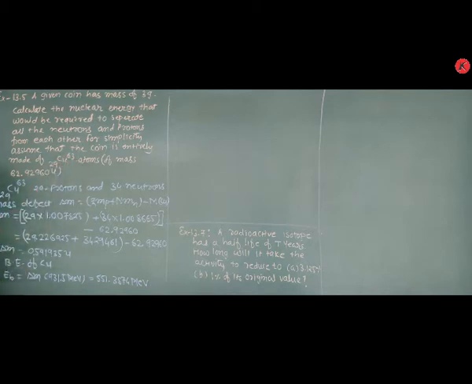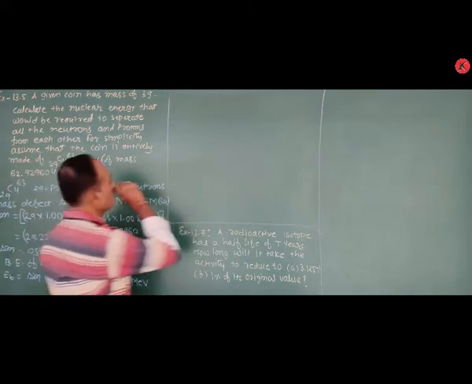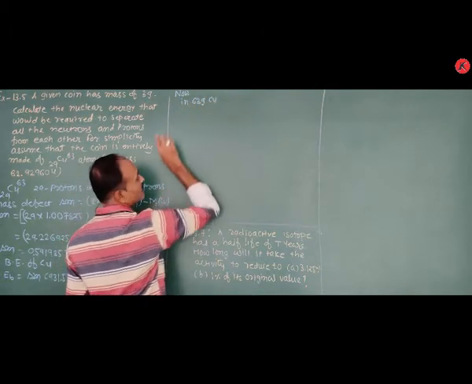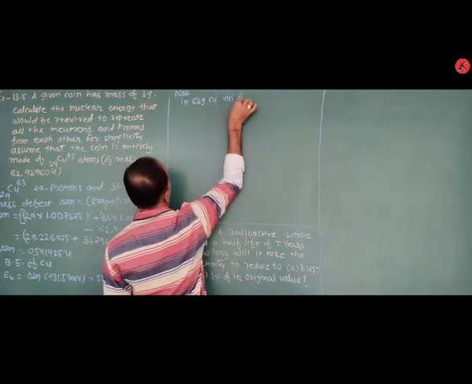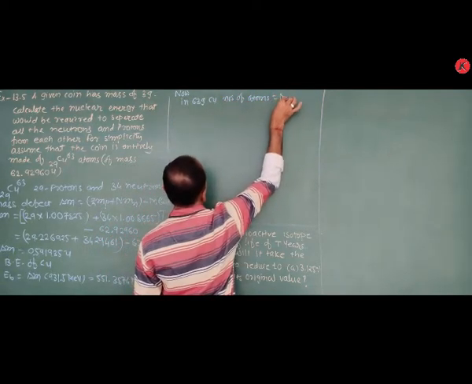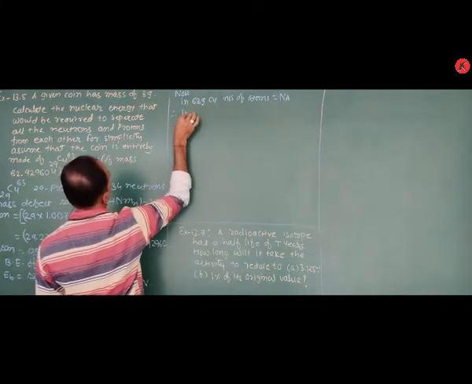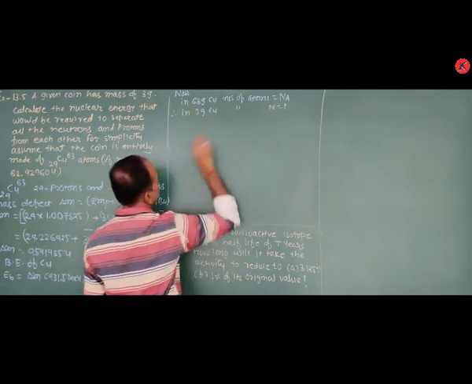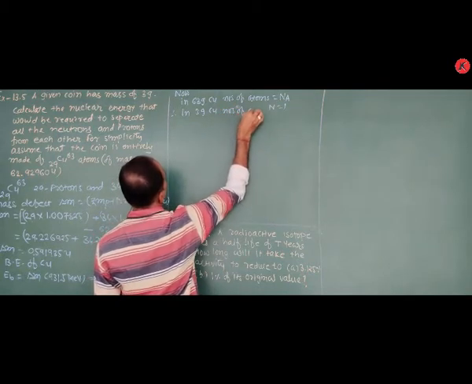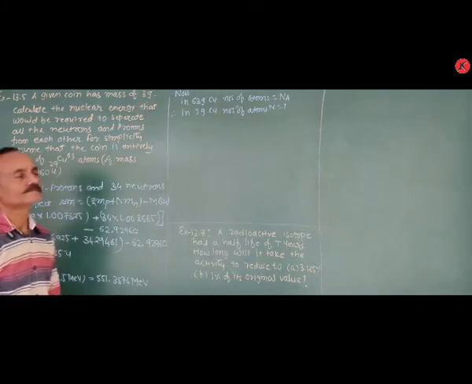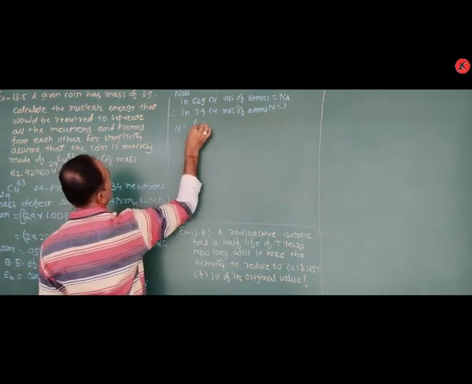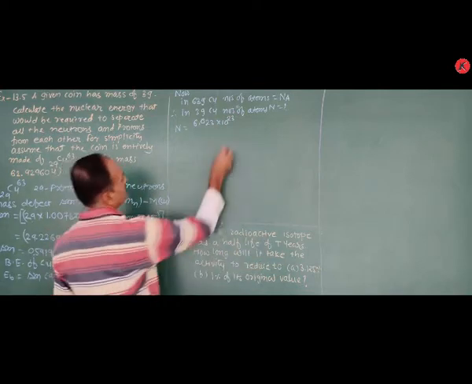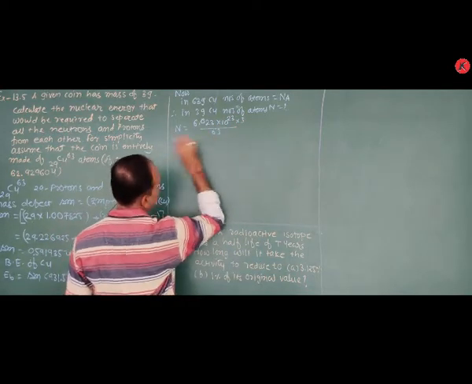Therefore, in 3 gram copper, the number of atoms N is equal to N_A, 6.023 into 10 to the power 23, into 3 divided by 63.